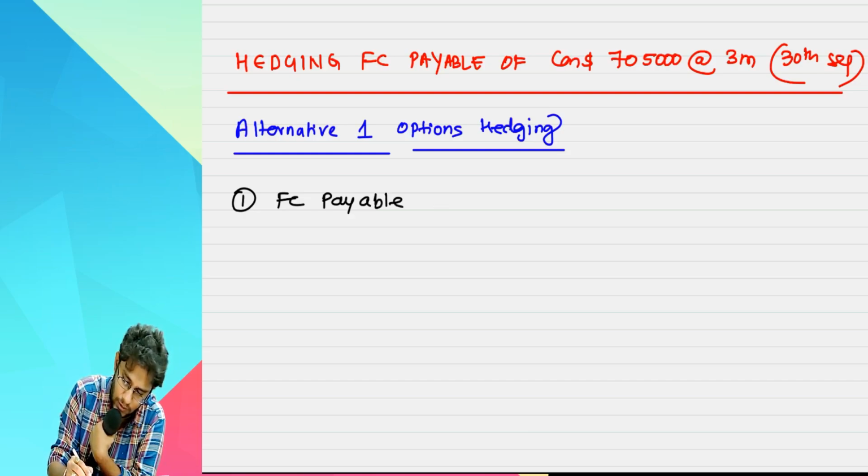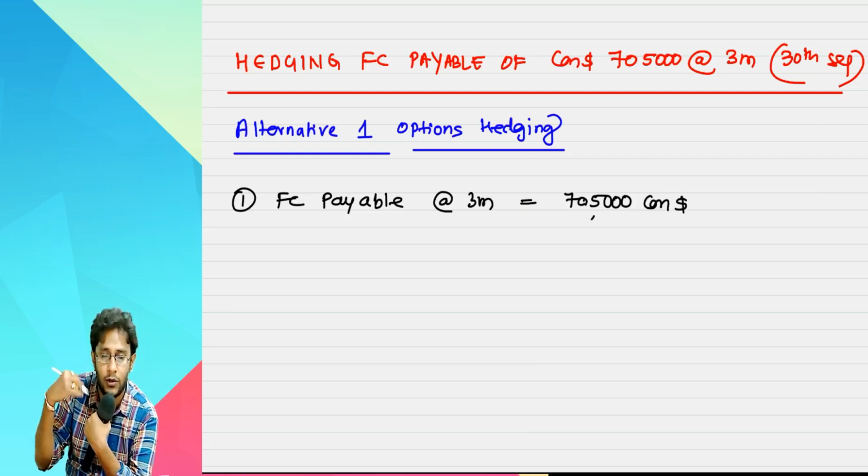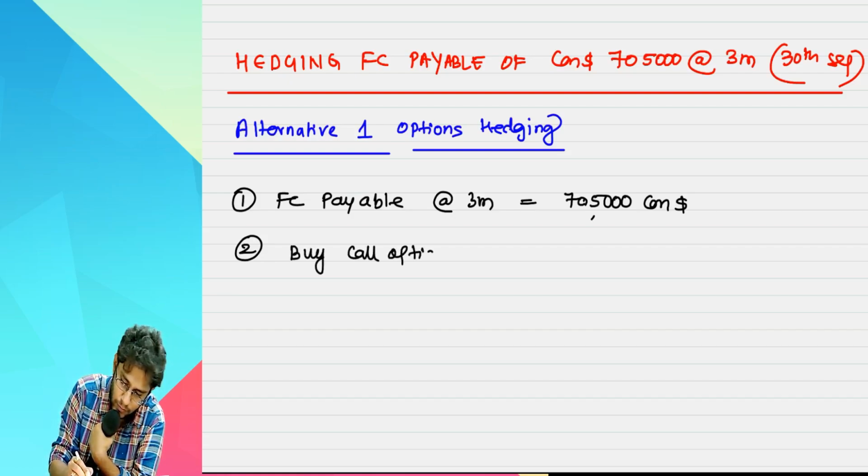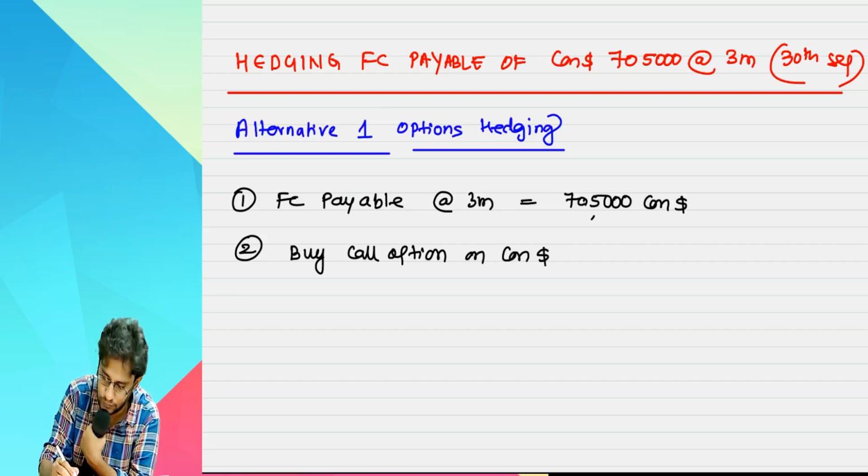FC payable at 3 months, 7 lakh 5,000 CAN dollars. Risk selection, all that over already. So buy call option on CAN dollar with strike price. What is the strike?